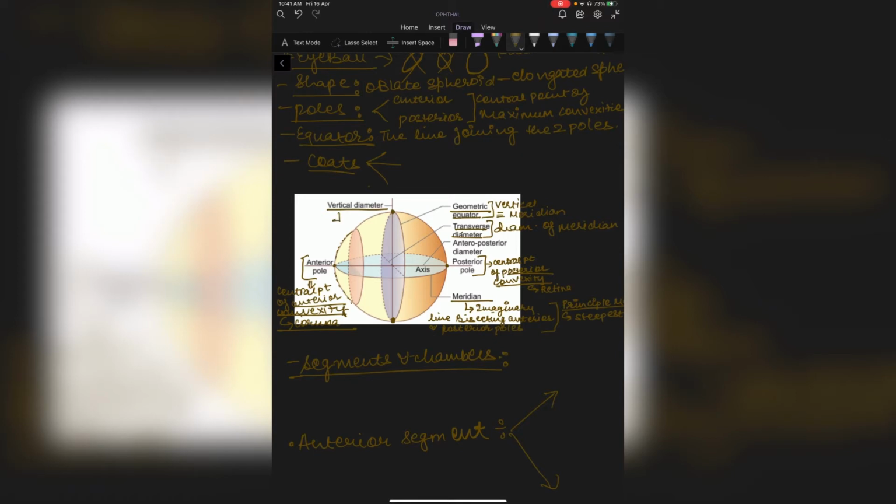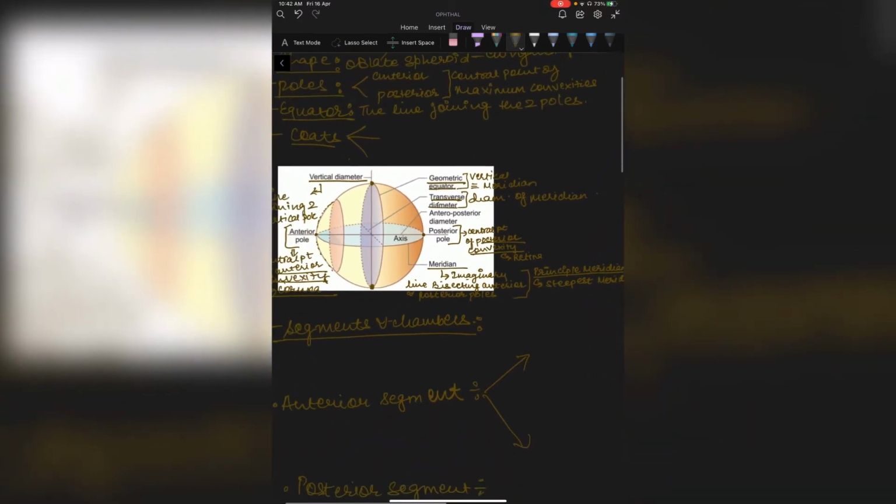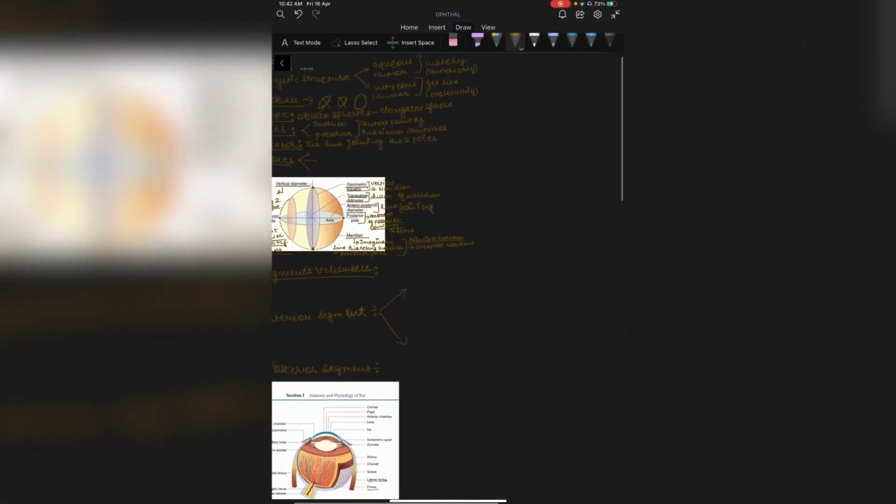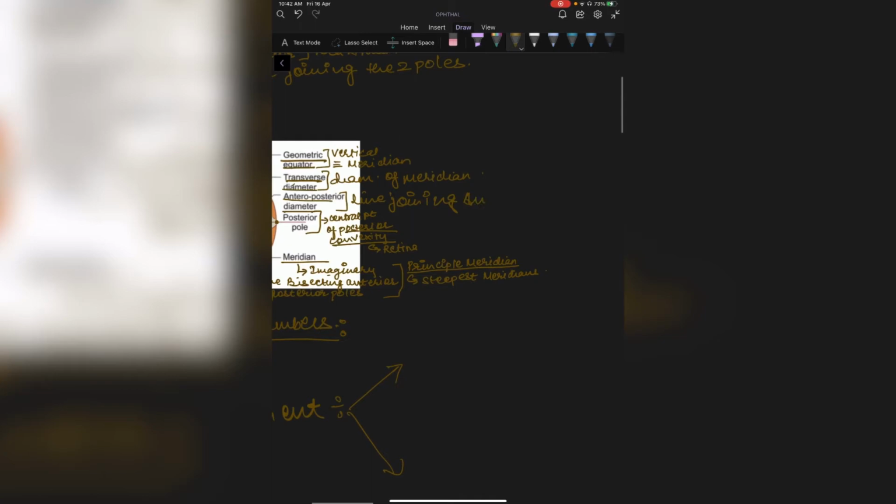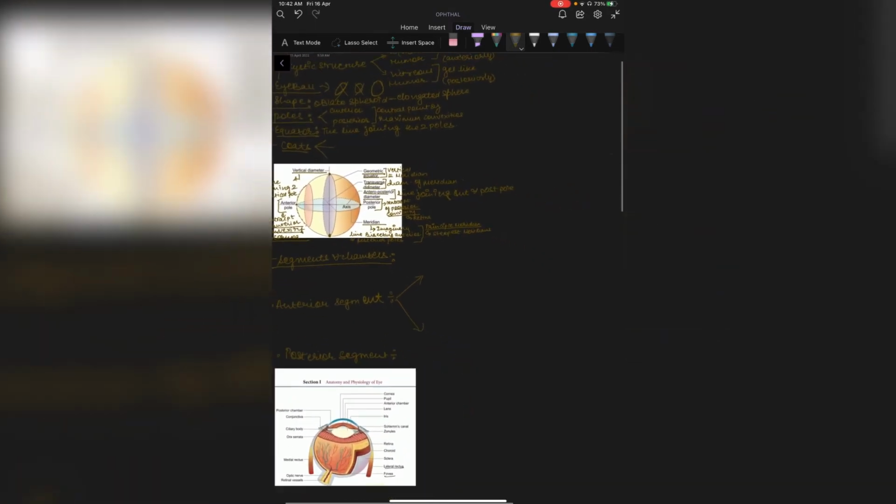I'll write it somewhere where it is legible to read. Line joining two vertical poles, right? So now we have the anterior-posterior diameter. Anterior-posterior diameter is the line joining the anterior and posterior pole, right? So these are all the definitions in this picture.